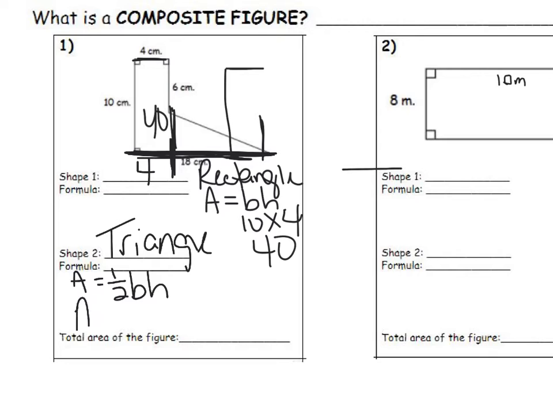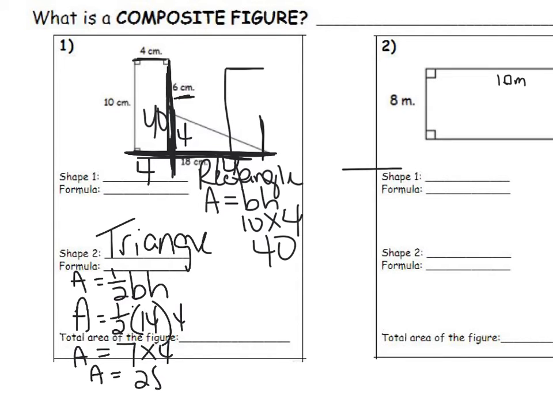So you take half of 14, because this is 14 here, times, in this case, this whole thing is 10, but since this part is 6, this has to be 4. So half of 14 is 7 times 4, so the area of the triangle is 28.